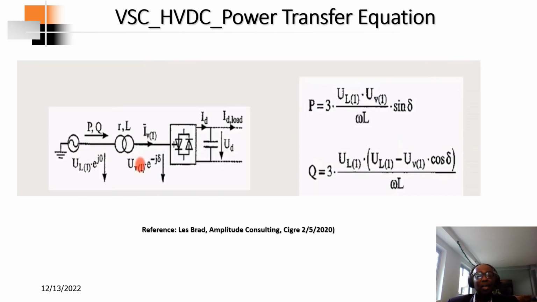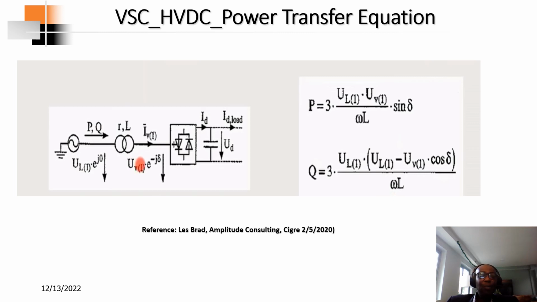Now let's talk about the power transfer equation. As you can see over here, these are the active power transfer equation and the reactive power transfer equation. UL is the voltage on the grid side, and UV is the voltage that is synthesized on the converter side.